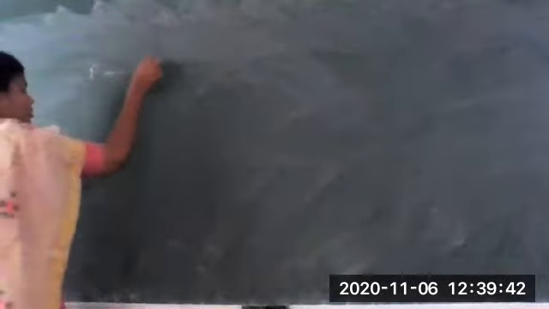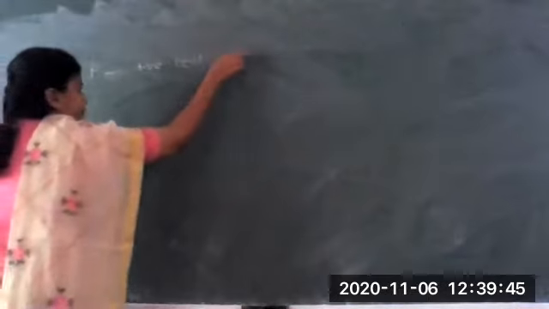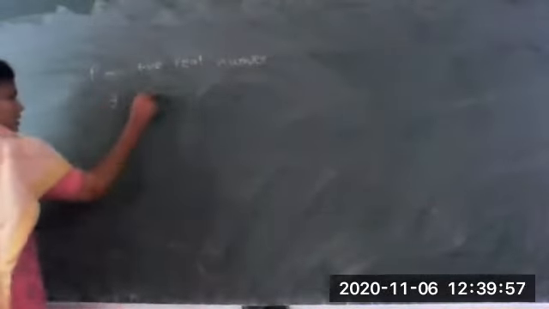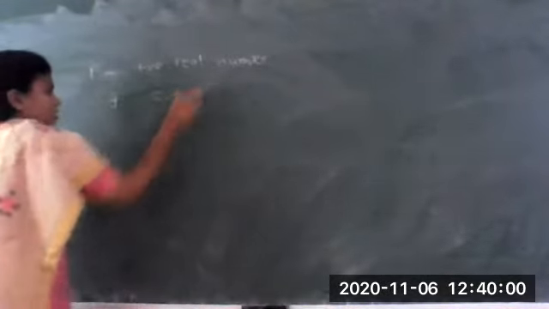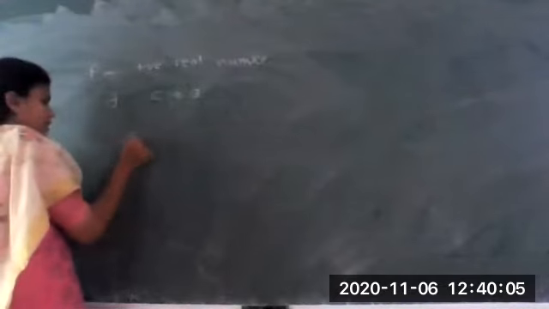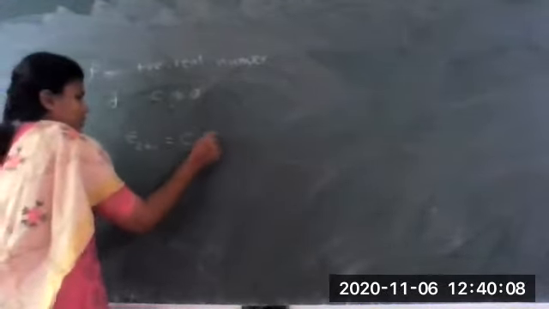An iterative method has a rate of convergence of order P if P is the largest positive real number for which there exists a finite constant C not equal to 0 such that epsilon k plus 1 is equal to C epsilon k raised to P. Okay.